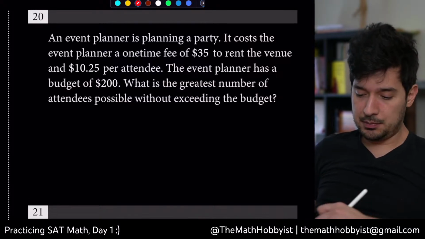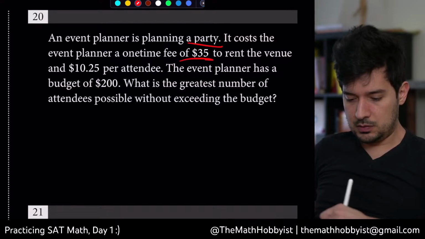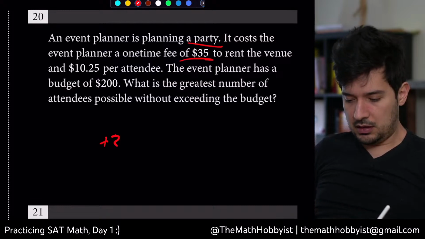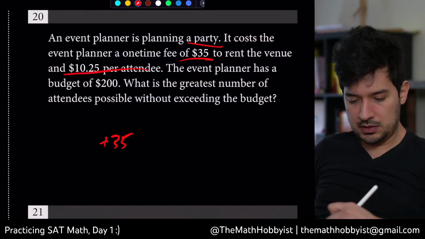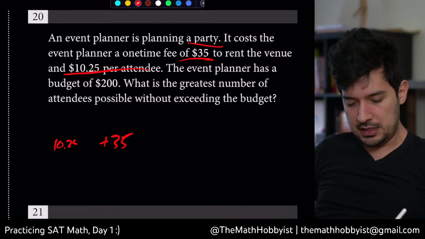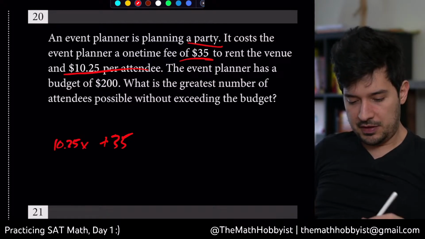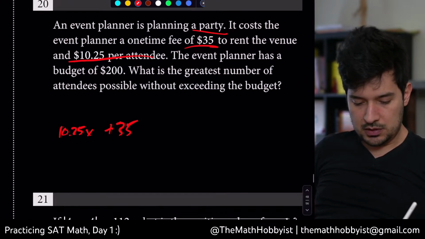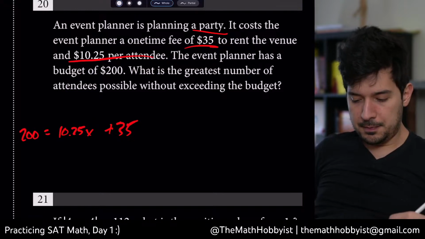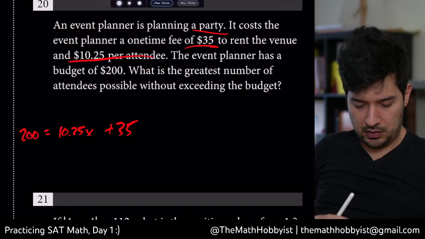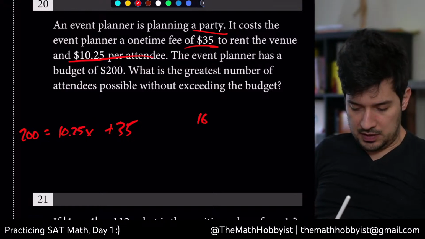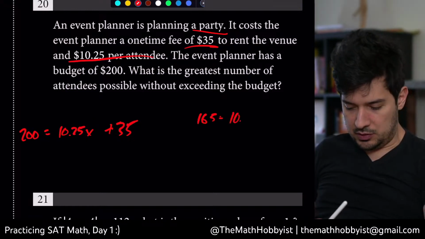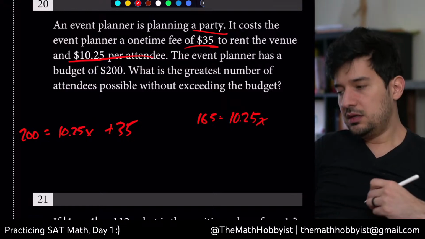An event planner's party costs a one-time fee to rent and $10.25 per attendee. Event planner has a budget of $200. What's the greatest value without exceeding the budget? So 165 equals 10.25x.